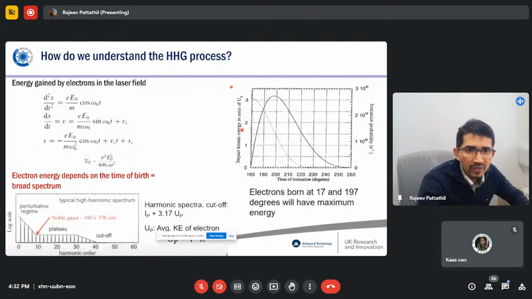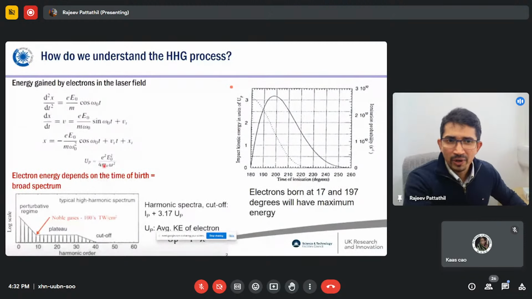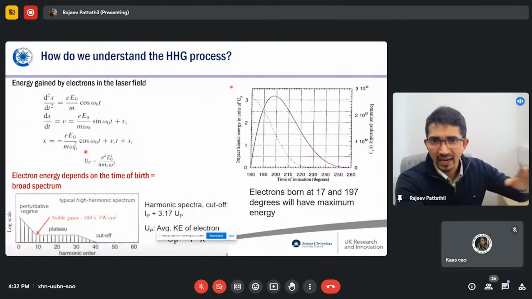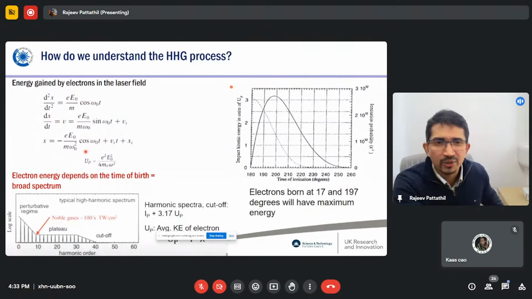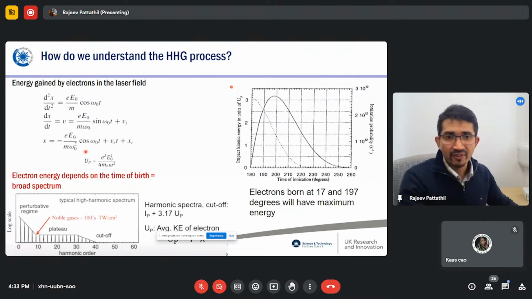So he basically looked at what happens to the electron in the electric field. I'm not going to get into this. Basically, you can write the equation of motion. It's completely Newtonian. You can write the equation of motion for the electron in the electric field.